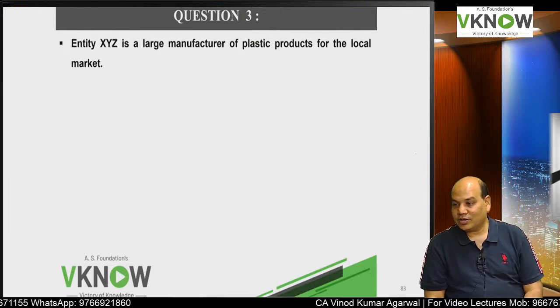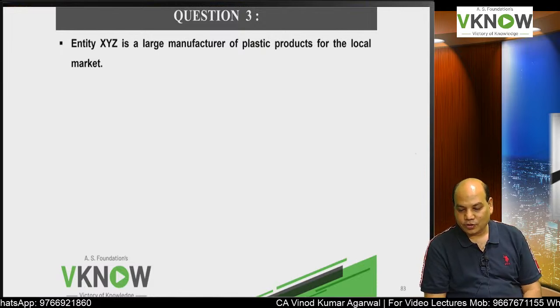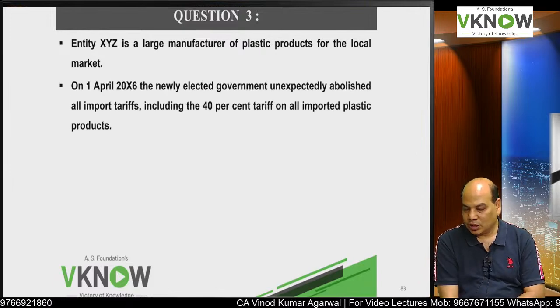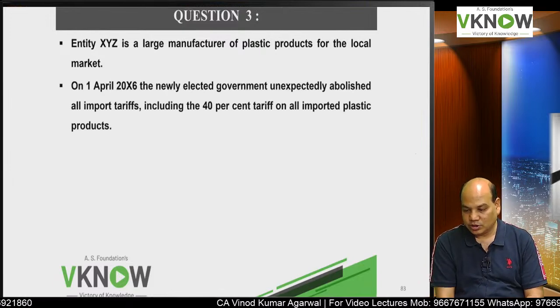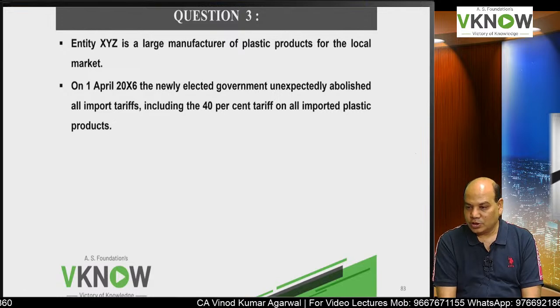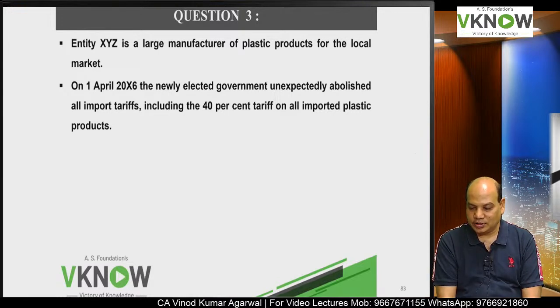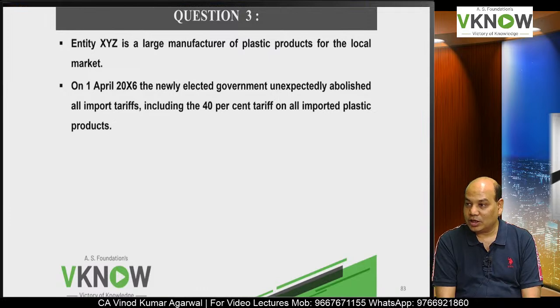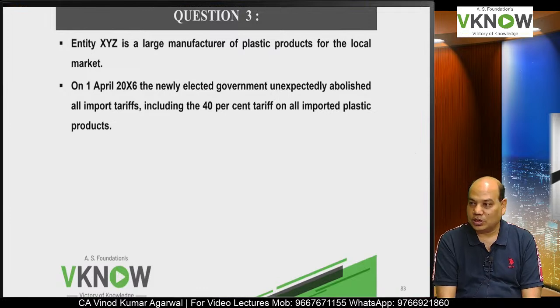Entity XYZ is a large manufacturer of plastic products for the local market. Understood? Large manufacturer of plastic products. On 1st April 2006, the newly elected government unexpectedly abolished all import tariffs.